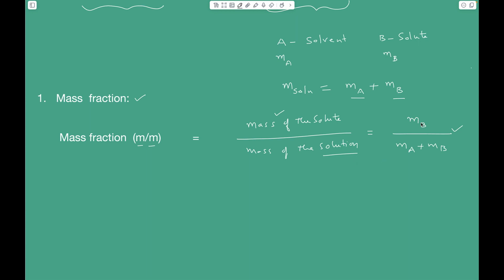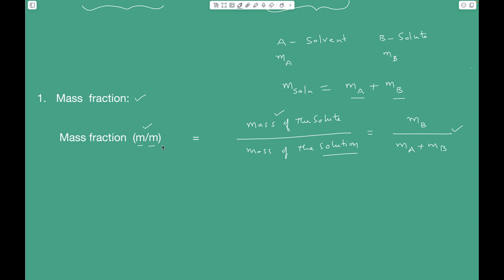Again, because it is a ratio between two masses, it is a dimensionless number, and it is generally denoted by m/m. There is no particular symbol for mass fraction. So it is generally denoted by m/m to indicate that it is a ratio between two masses.